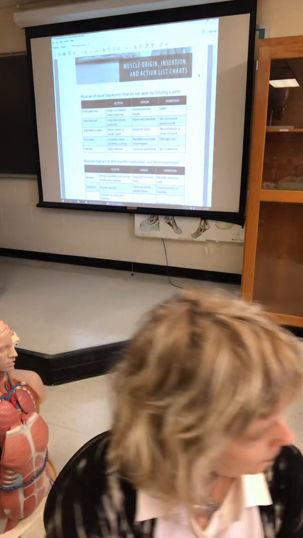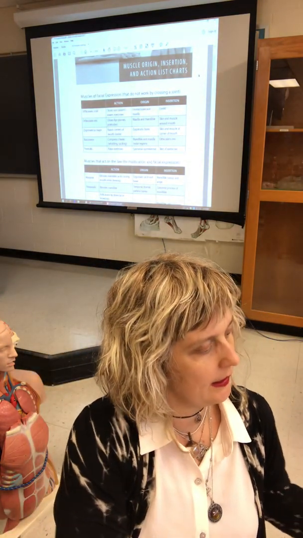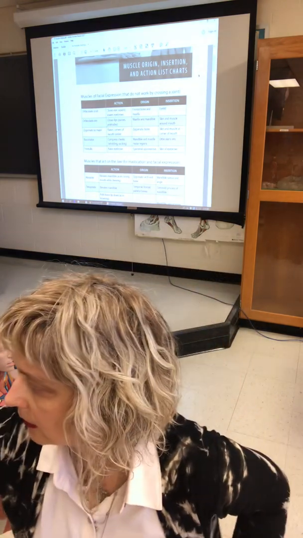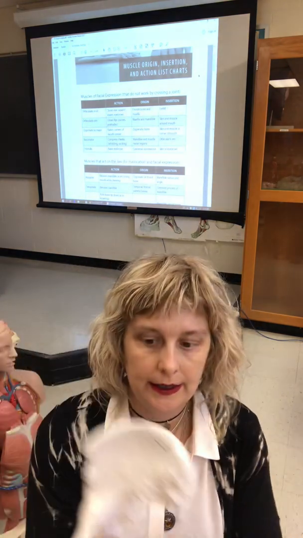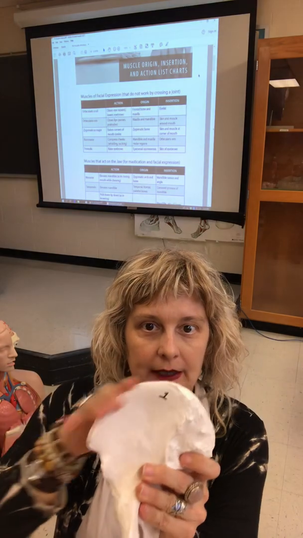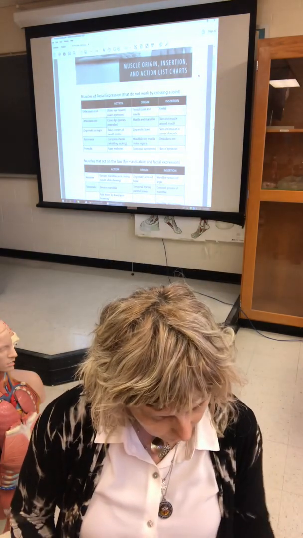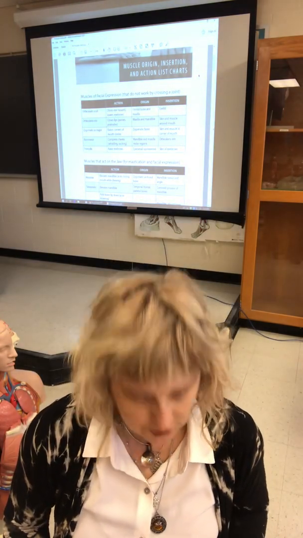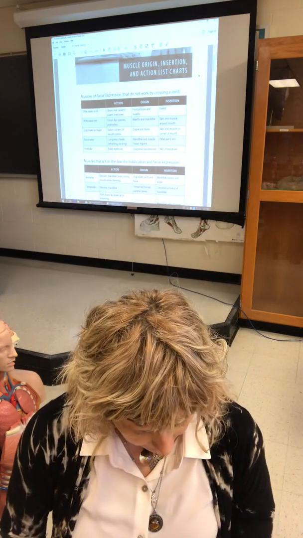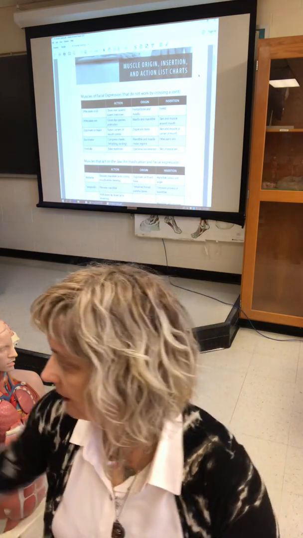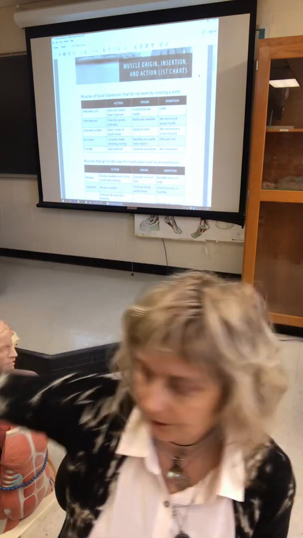Origin. So origin is going to be the ilium. Let me pull out the hip bone. Remember the ilium and the iliac crest. So for gluteus maximus, you're going to say dorsal ilium, sacrum and coccyx. Obviously, you know the coccyx bone.